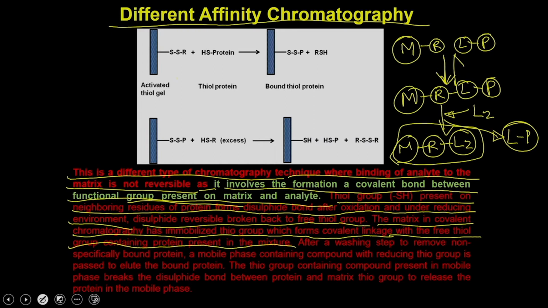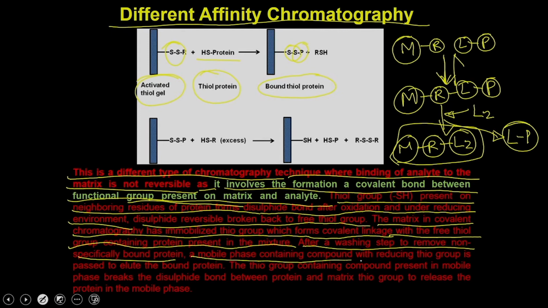So, for example, you have the activated thiol gel which contains the disulfide bridge. The protein has sulfhydryl groups, and when you incubate these thiol containing proteins, the bound thiol is going to bind the protein with the help of the disulfide linkages, and after a washing step you remove the non-specifically bound protein.